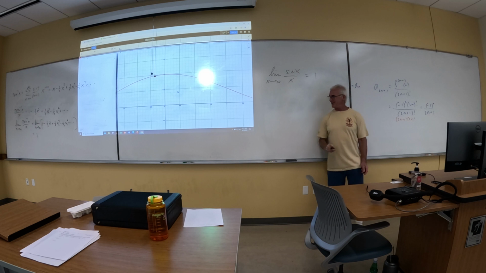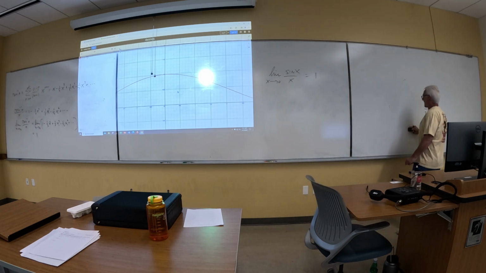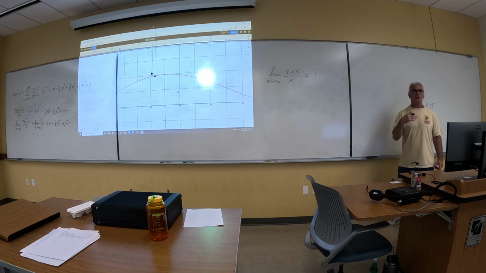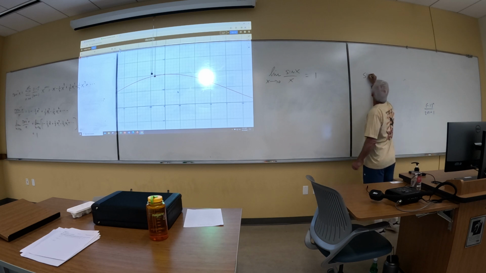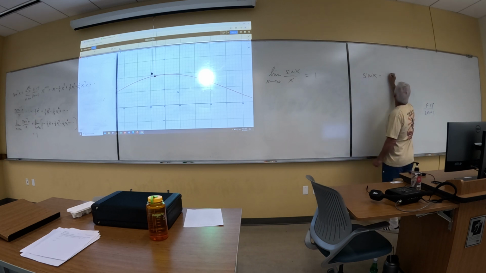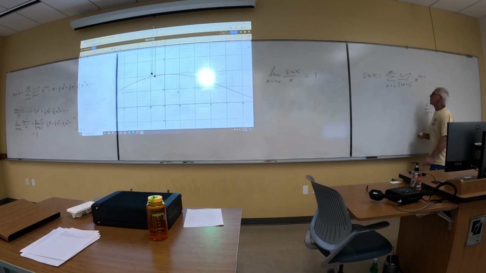Let's do this using series. Last day, I believe, we derived cosine, so I told you sine because the derivation is almost identical. Remember, the cosine looks just like this, except it's 2n rather than 2n plus 1, which means that the cosine only has even powers of x in its expansion.